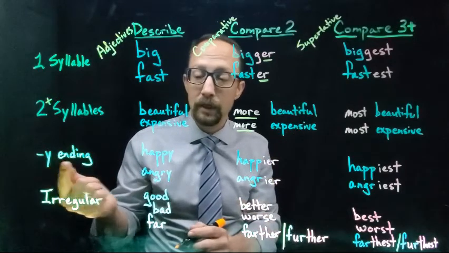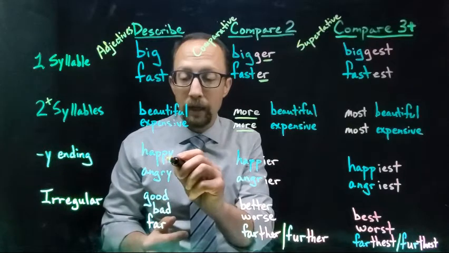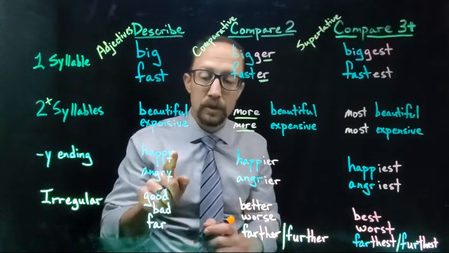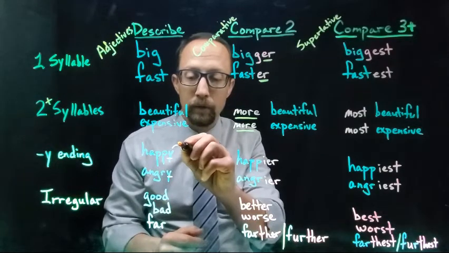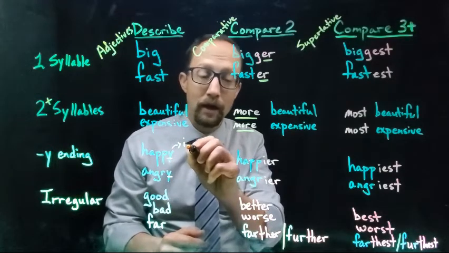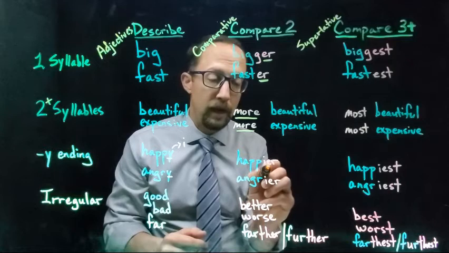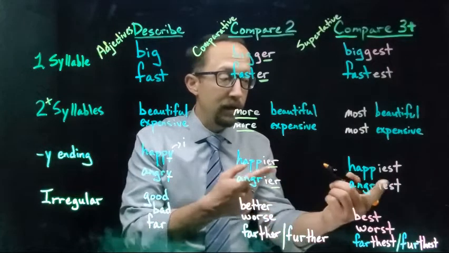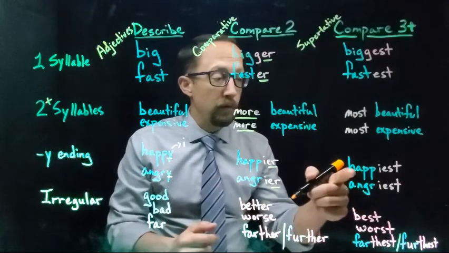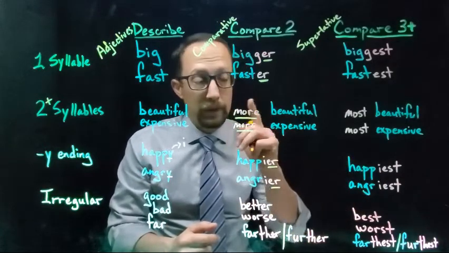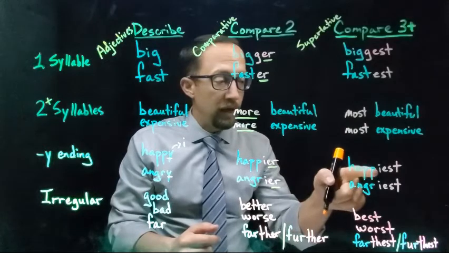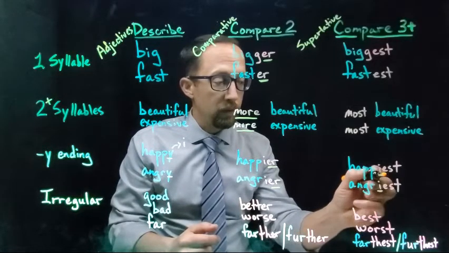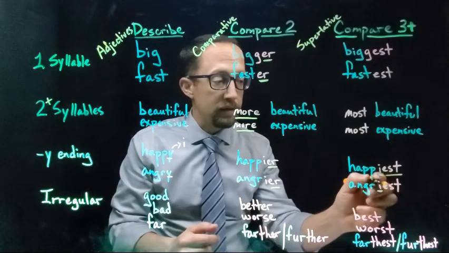For words ending in Y, like happy and angry, you change the Y to an I, and then it is happier, angrier. And again, we change for three or more. The I still changes, and we use EST.